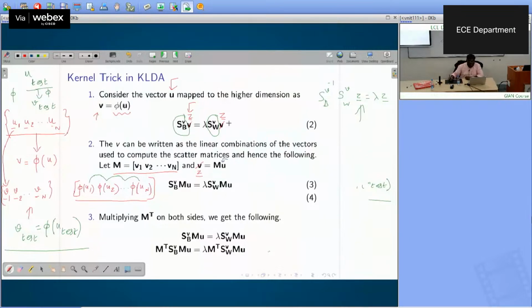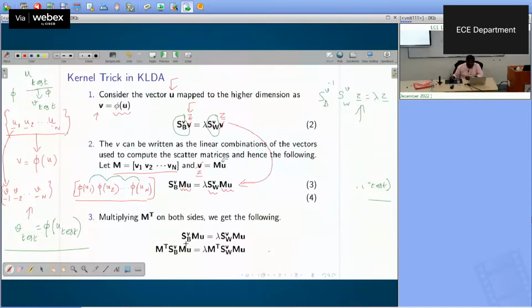From this expression, in place of z in SBV, I am replacing it with Mu, and the SWV I am writing as it is, and then this vector Z again I am writing as Mu. Now you are simply multiplying on both sides with M transpose.